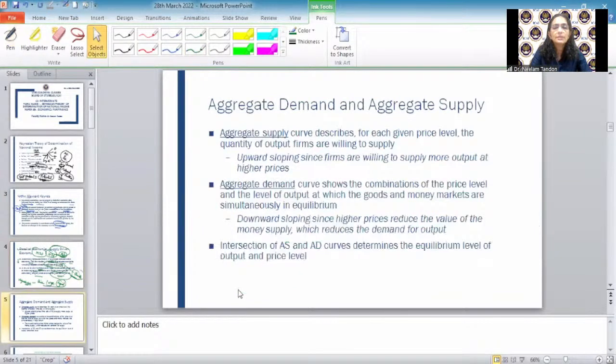Okay, that's the difference. So I've already shared what aggregate supply is. Aggregate supply is the total supply. It describes the quantity of output produced in the country. Output, you remember, we have shared in national income accounting. But how is it different from national income accounting? This is ex-ante.